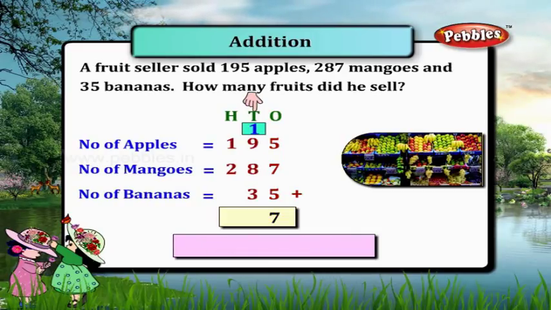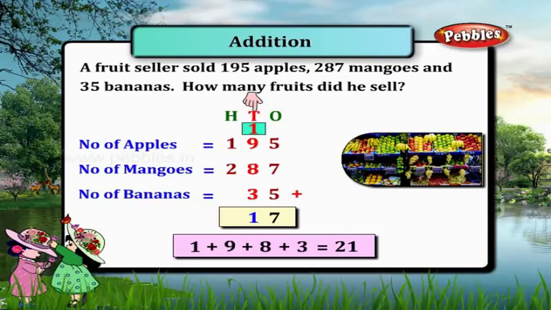Now add the numbers in the tens column. 1 plus 9 plus 8 plus 3, that is equal to 21. Write 1 in the tens column and carry over 2 to the hundreds column.